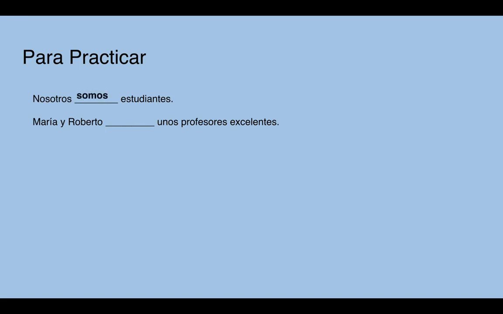Nosotros somos estudiantes. We, and it's either a mixed gender group or a group of guys, we are students. María y Roberto son unos profesores excelentes. María and Roberto are some excellent teachers or professors.